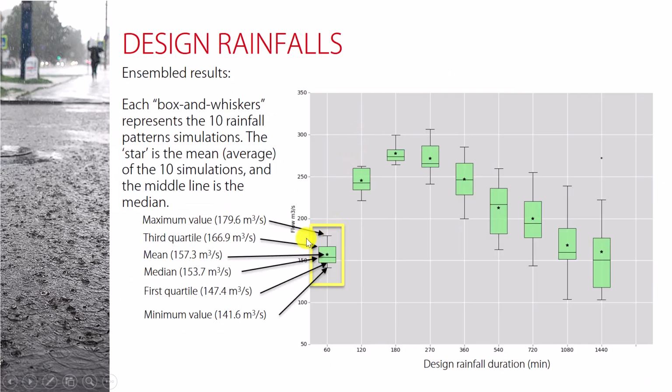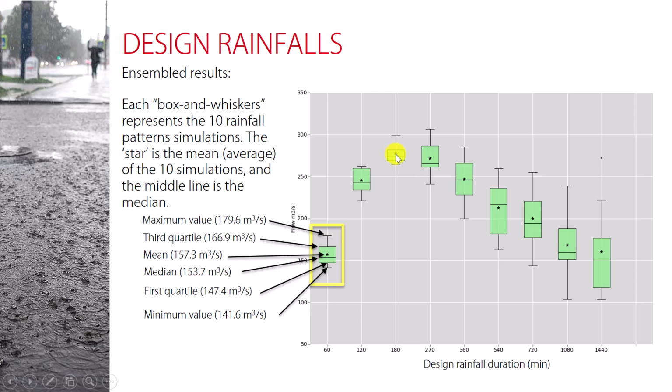So it's a lot of work that you have to do when you have to find a proper design flood. As you can see, you have to simulate different durations and then find the one that leads to the maximum discharge. In this case, the design rainfall will be this one.